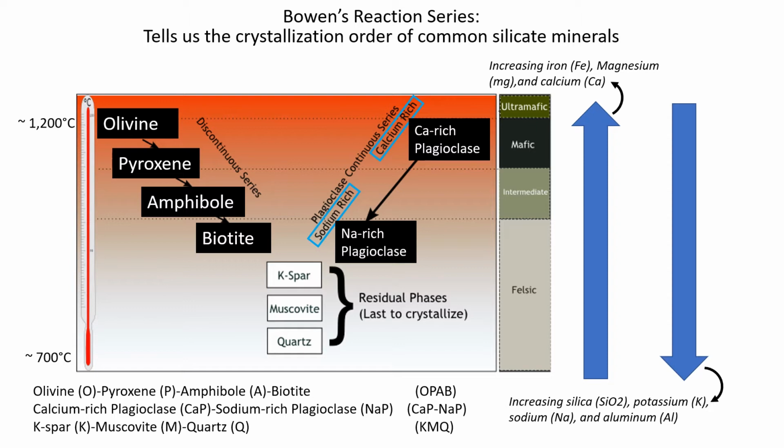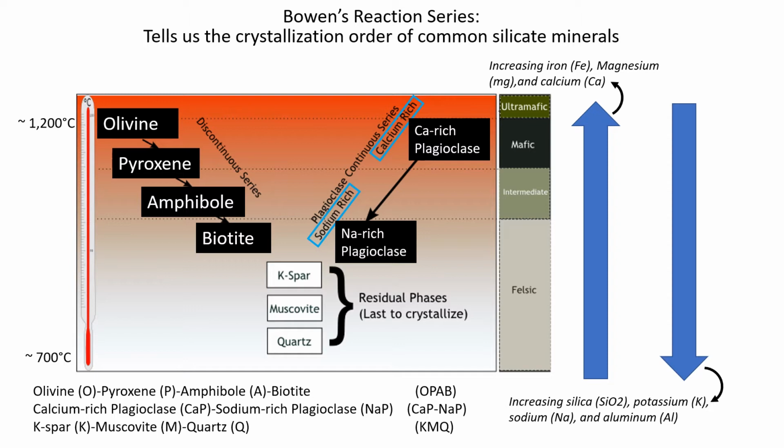And the all-important take-home message that Bowen figured out is the crystallization order of the big 8 silicate minerals. These are the most common silicate minerals that you've already learned about. Thanks to the experimental work that Bowen did, we now know their order of crystallization with respect to temperature.